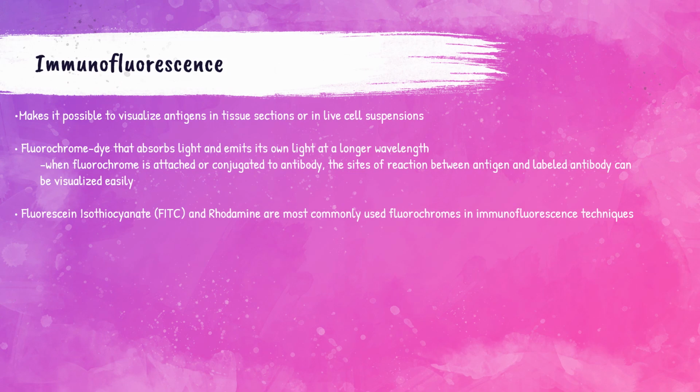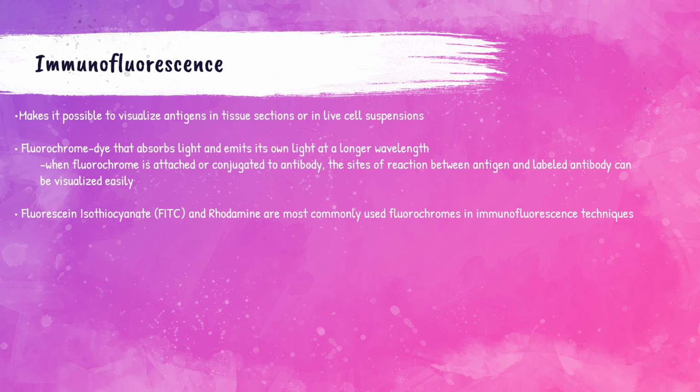Okay, so let's talk about our methods of visualization for these techniques. These methods are immunofluorescence and enzyme immunohistochemistry. Immunofluorescence is actually the oldest of the immunohistochemical techniques. It is used to visualize antigens in tissue sections or in live cell suspensions.